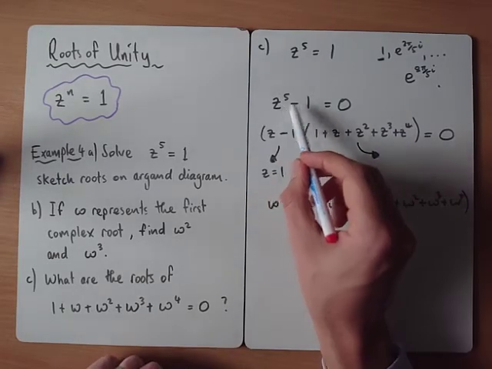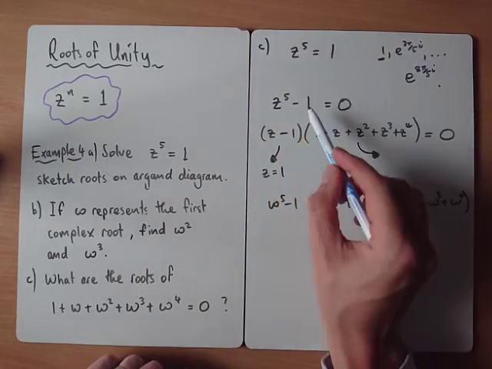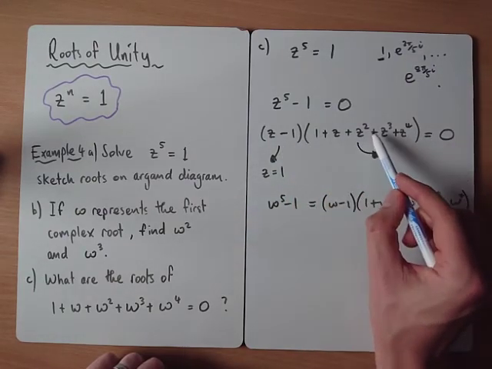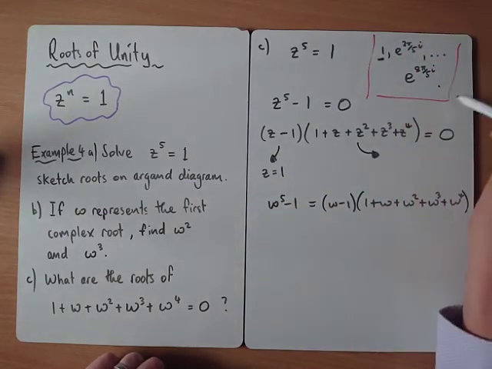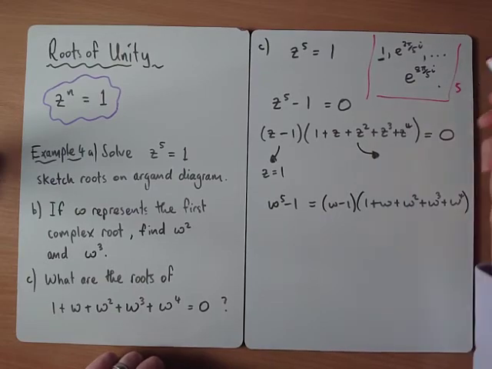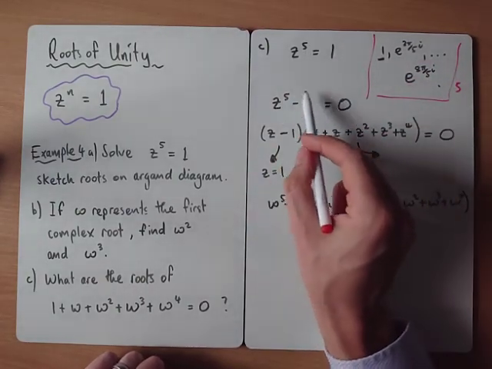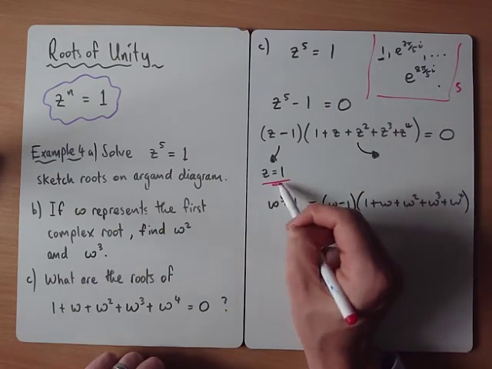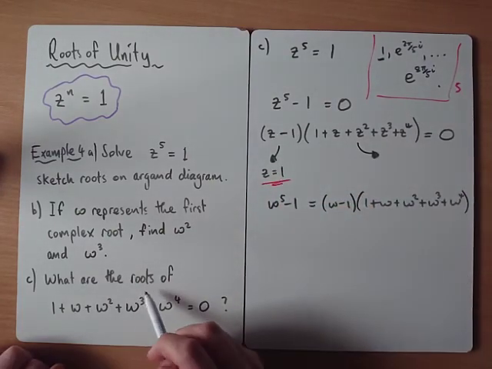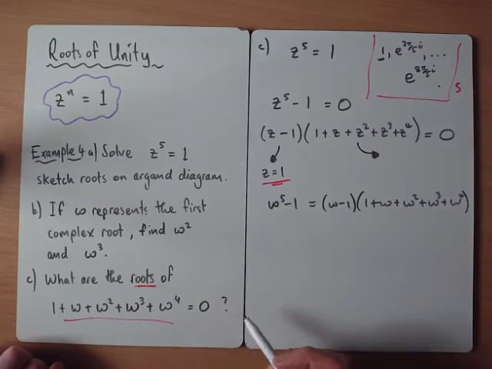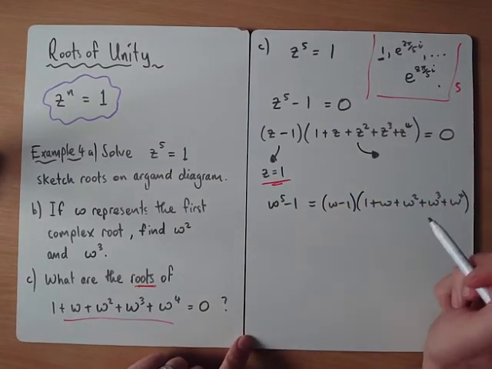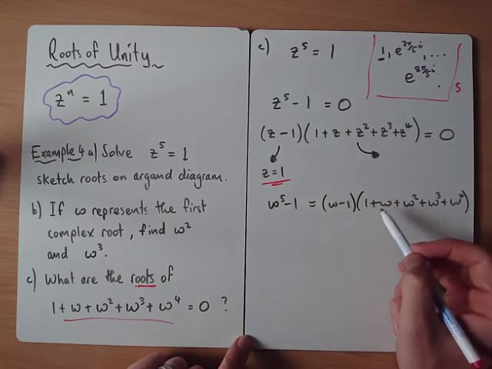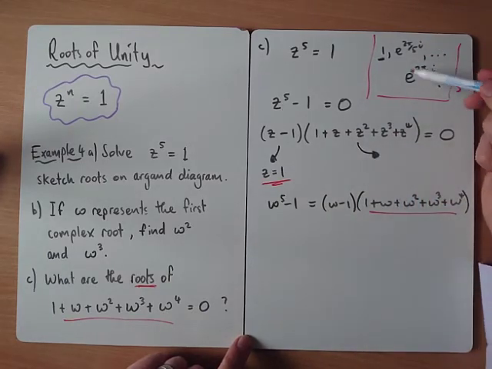So once we've realised that this equation that we started off with is the same as this polynomial, which is the same as these two things, we now already know that there are 5 roots of this equation. 1 is our real root. We're being asked about the roots of this, which is equivalent to 1 plus omega plus omega squared and so on, and the roots of this are the 4 other roots.